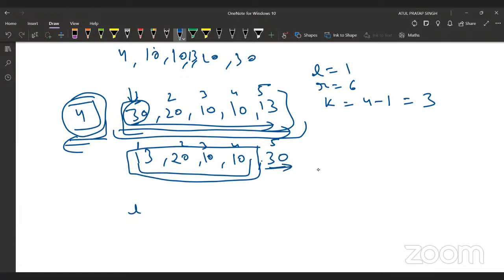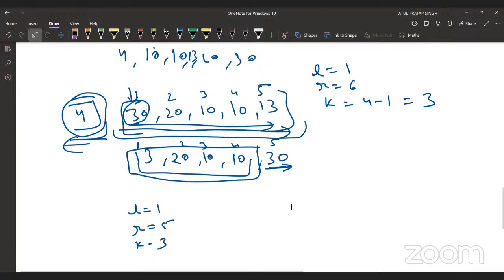There is no requirement of this 5th smallest element because we are searching for the 4th smallest element, so we can discard this. We will apply quick select on the part before it. So now L will remain 1 and R will become 5, 4 plus 1, and K will remain the same, 3.